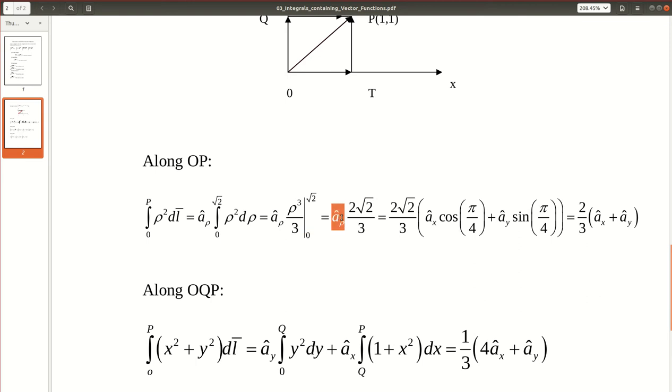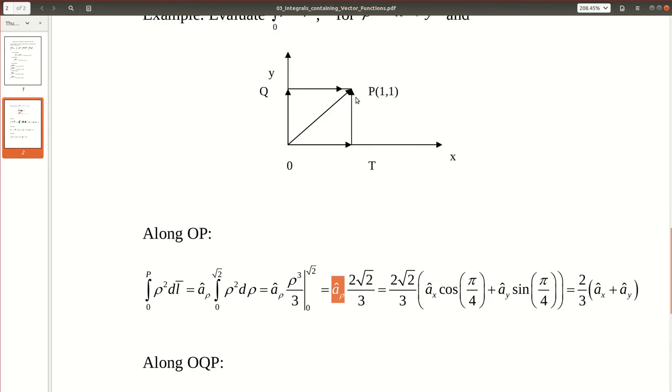Maybe you can convert this direction rho. In the direction of ay it is sine theta.